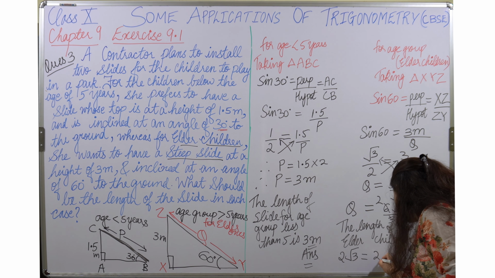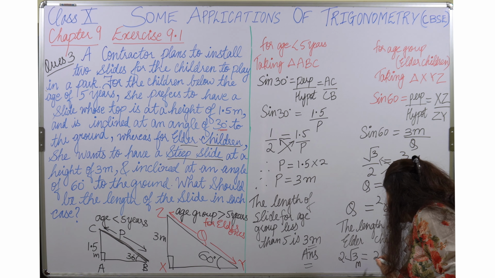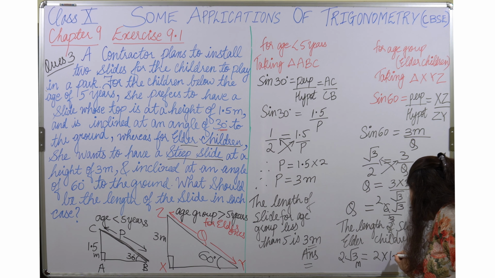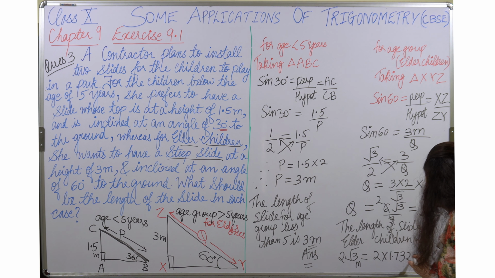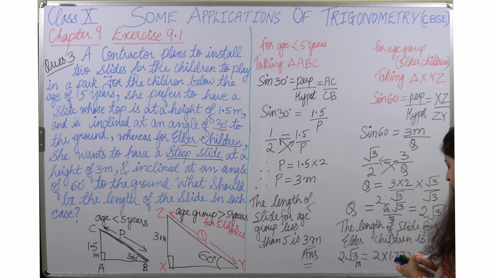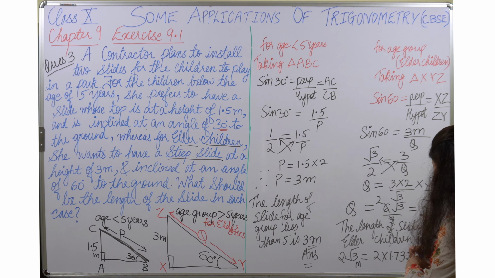You can also multiply 2 into 1.732, which will give us 3.464 meters. So this is our answer.